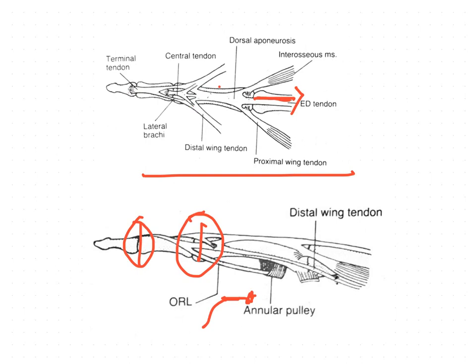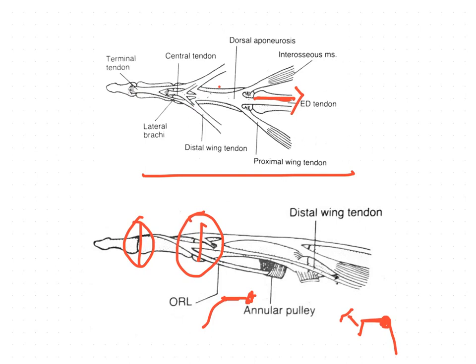The third one is full flexion of the proximal interphalangeal joint, whether active or passive, which will prevent the distal interphalangeal joint from being actively extended. So these are the three coupled actions taking place at the distal and proximal interphalangeal joints.